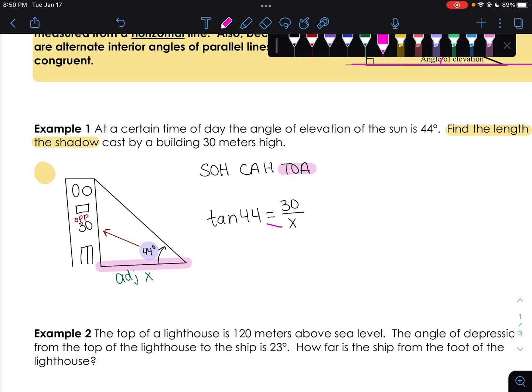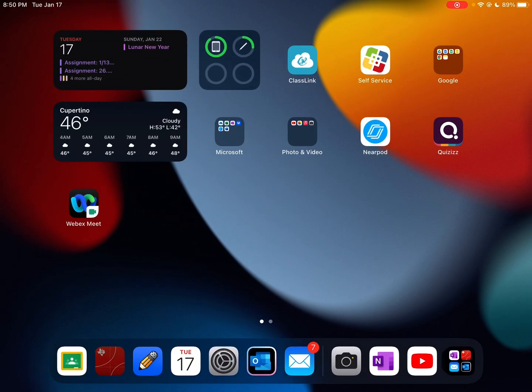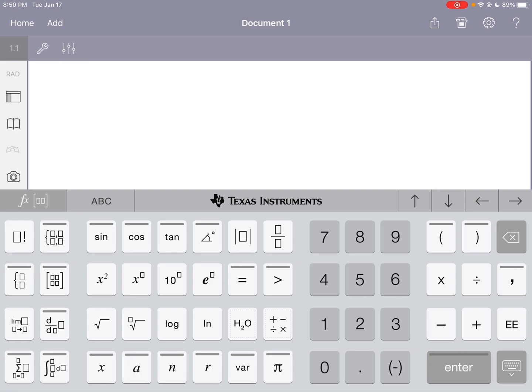This is where we can switch the tan 44 and the x, and that gives me x equals 30 divided by tan 44. Now this is the part that we type into our calculator. We have to make sure that it is in degree mode. I see mine right here under the home and 1.1 says RAD, which is not the correct mode.